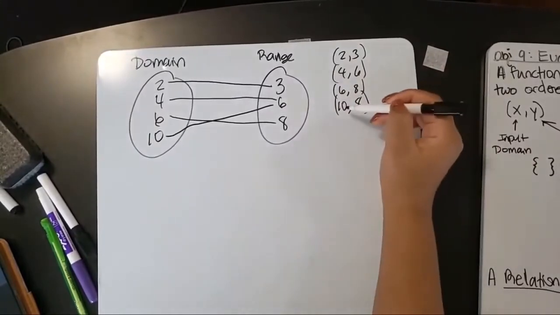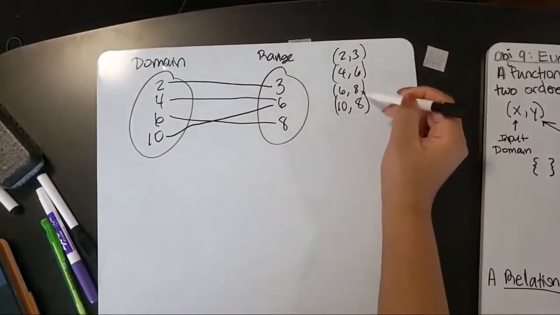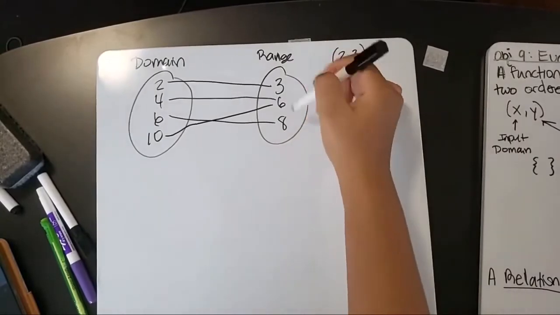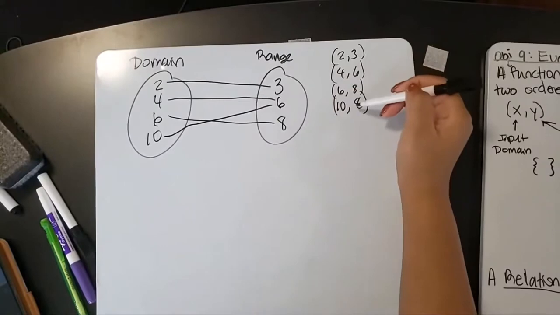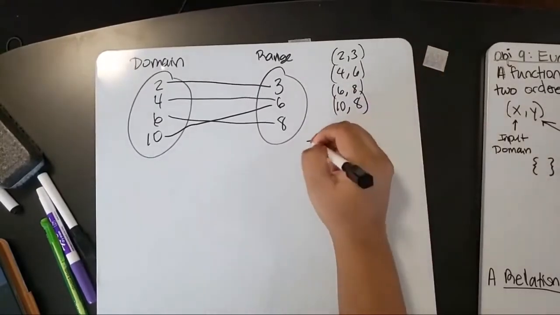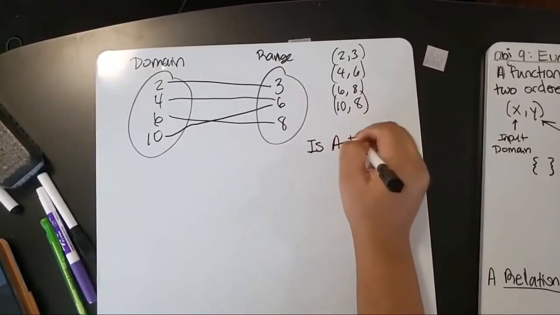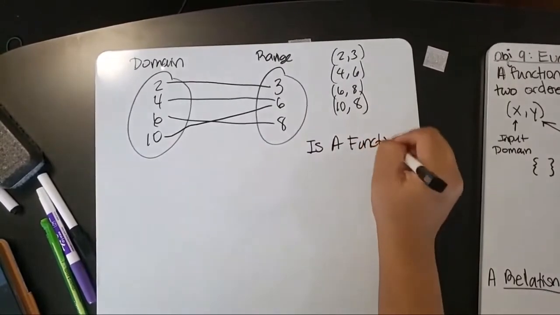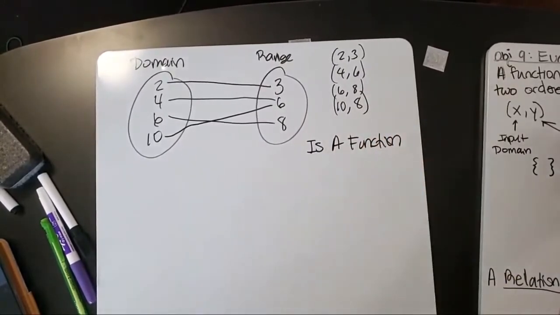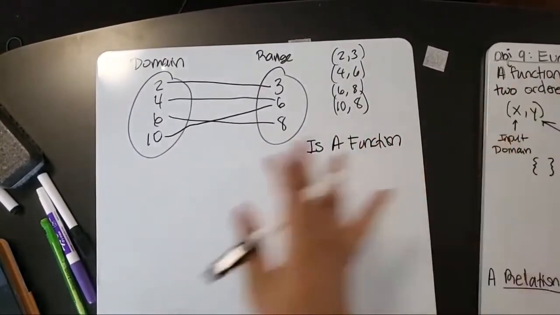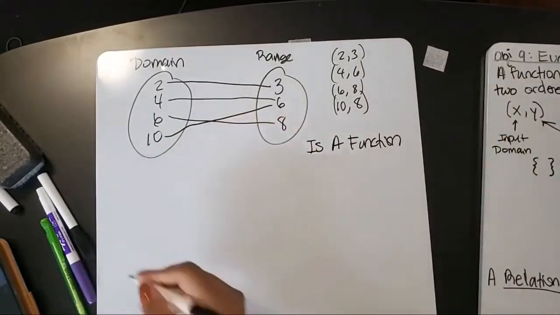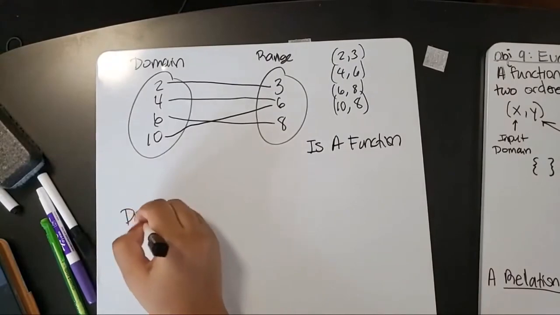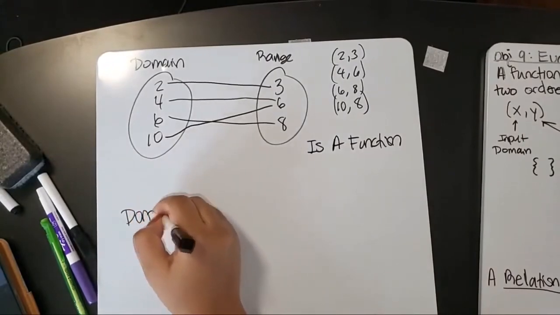So 6, 8 and 10, 8 have the same range, the same second coordinate, but none of these have the same first coordinate. So this is a function because it meets our definition, and when we draw it like this, we can see clearly what the definition is saying. So let's look at another example.